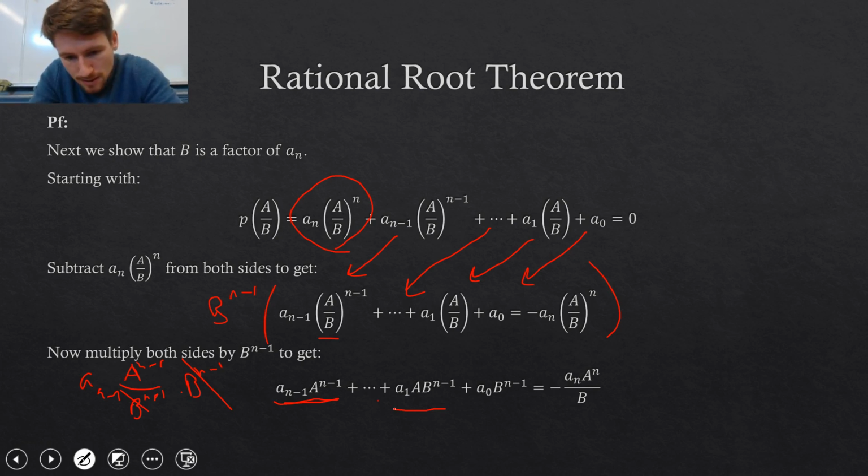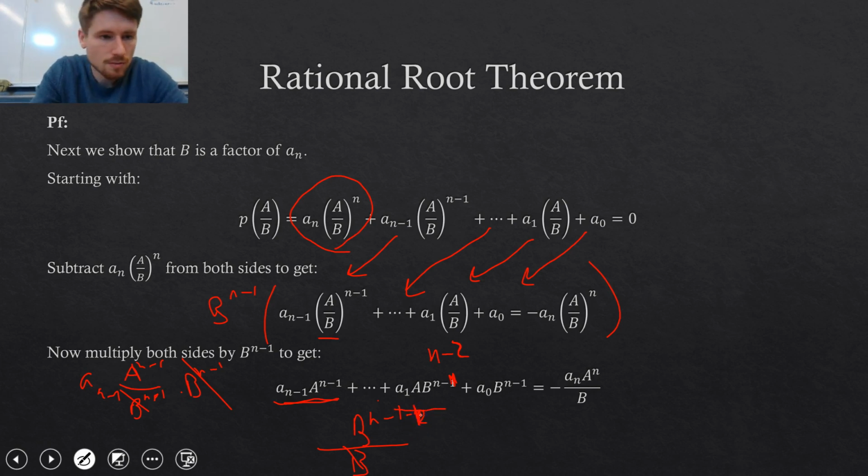Oops, this should be b to the n minus 2, because we have one b on the bottom, so you have b to the n minus 1 over b. You cancel 1, and you take away 1 from the power. So this is b to the n minus 2.